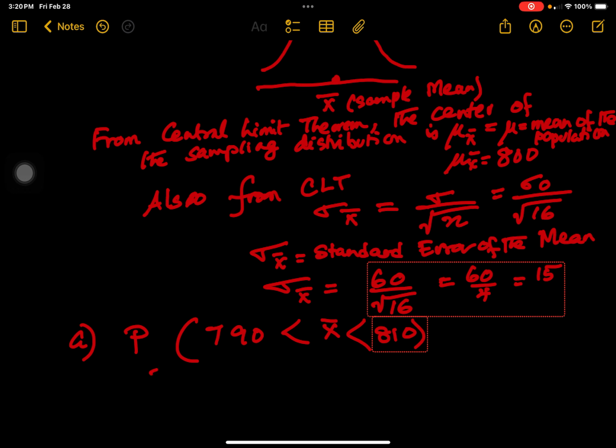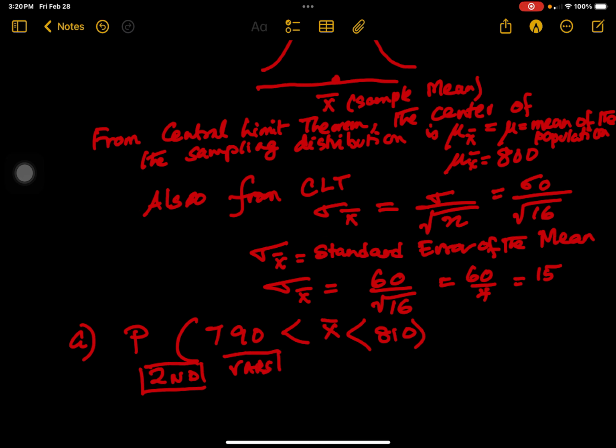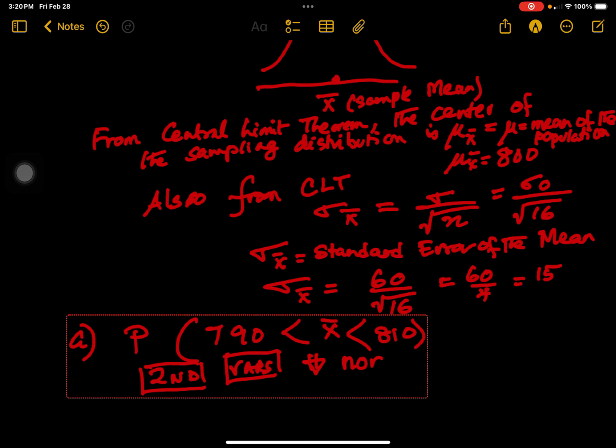So we will press the second button in the TI-84 calculator, key on the top left. Then we will press the vars key in the second row of keys, and then scroll down with the down arrow key to normal CDF.